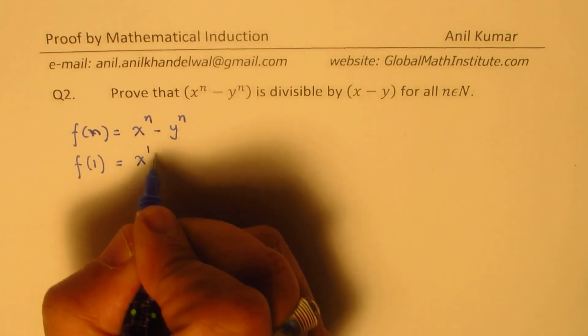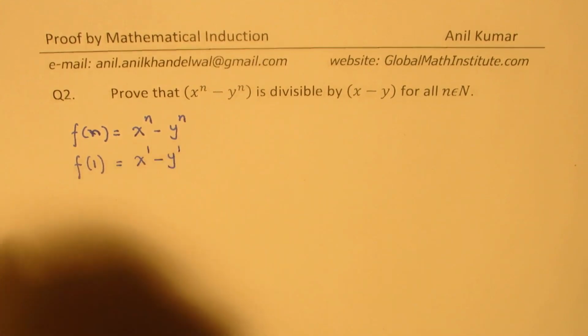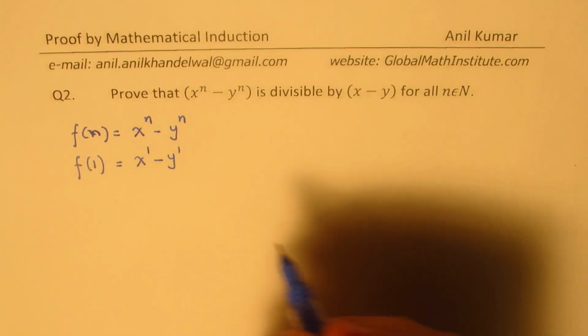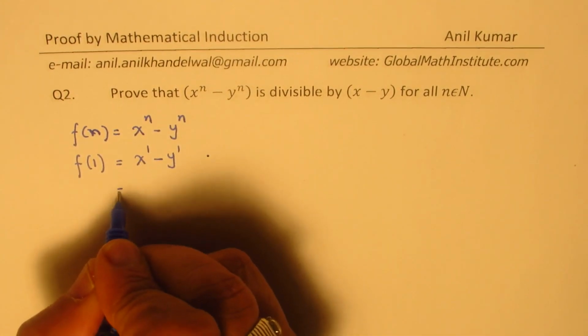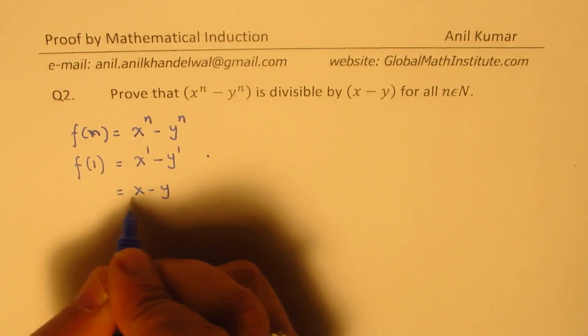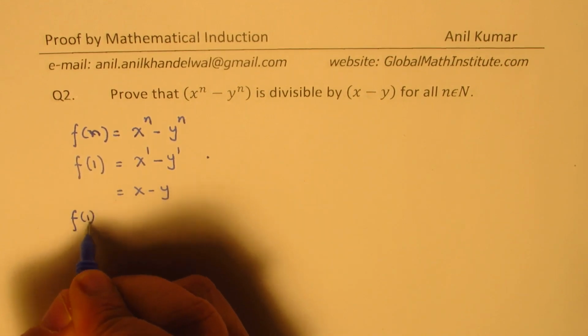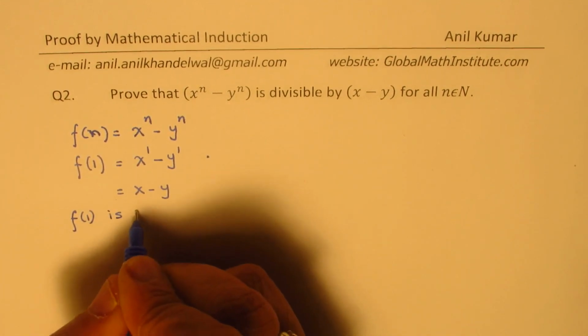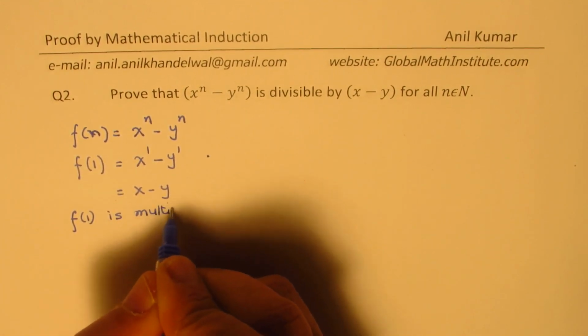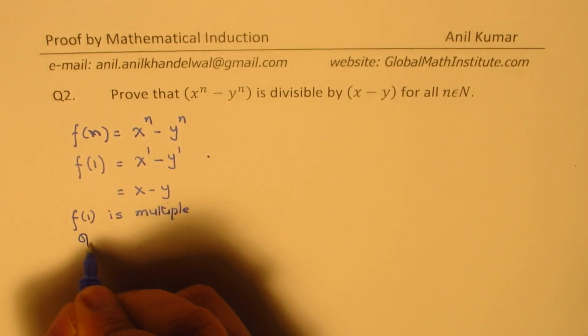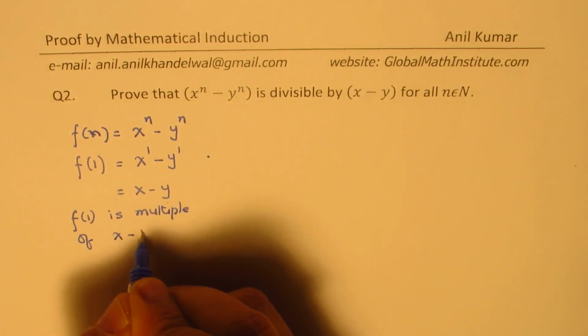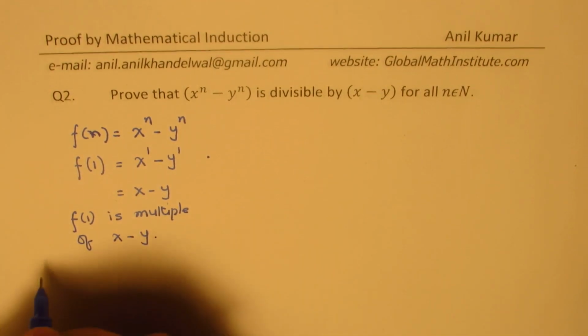So we get x to the power of 1 minus y to the power of 1, and that is definitely divisible by x minus y, right? So we see that f of 1 is a multiple of x minus y. Clear?